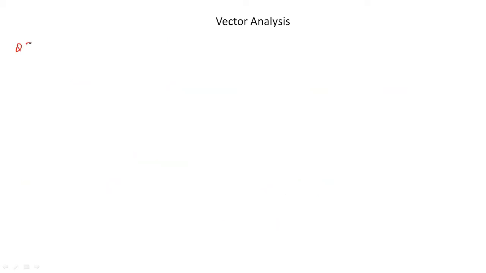Now the third problem is that a vector A is given as 3i plus 7j minus 5k.